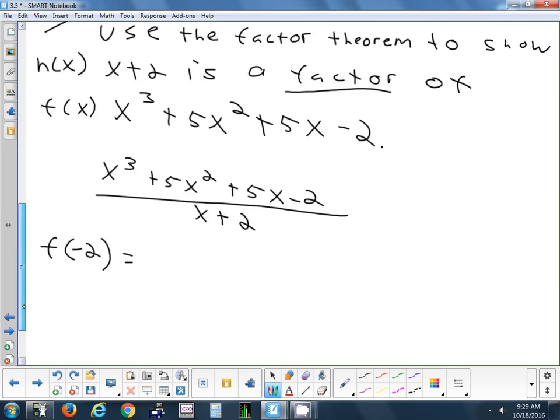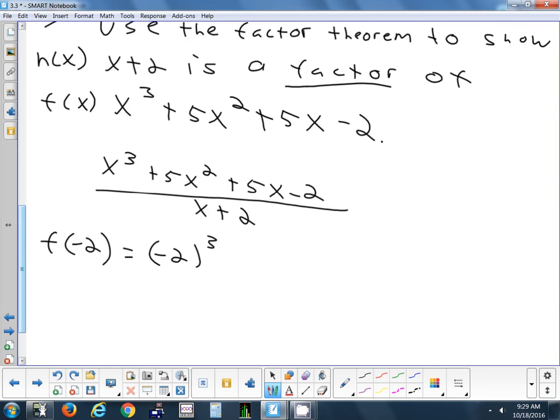Okay? So negative 2 cubed plus 5 times negative 2 squared, plus 5 times negative 2, minus 2. Bria, what's negative 2 cubed? 8. No, 16. No, what? Oh, negative 8, yeah.